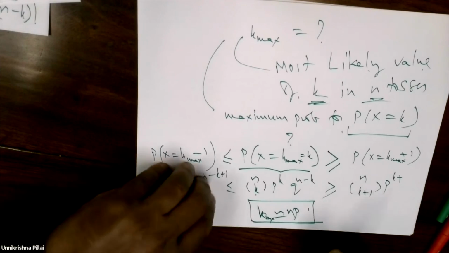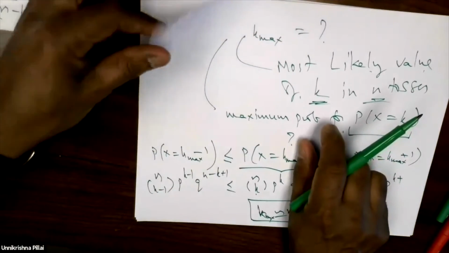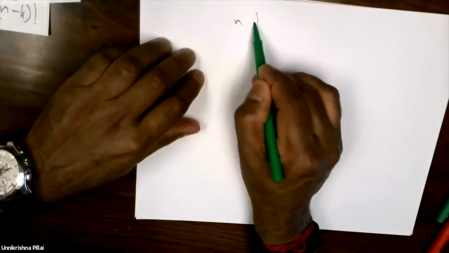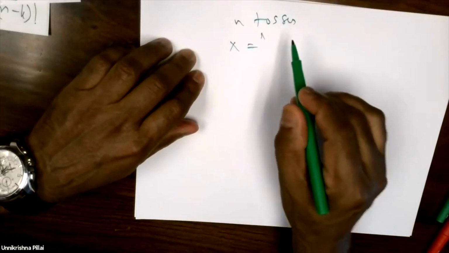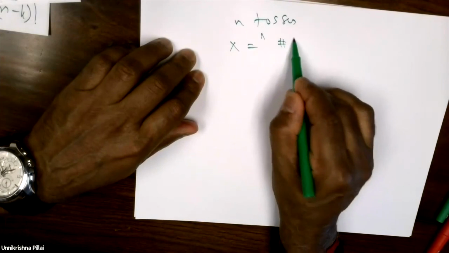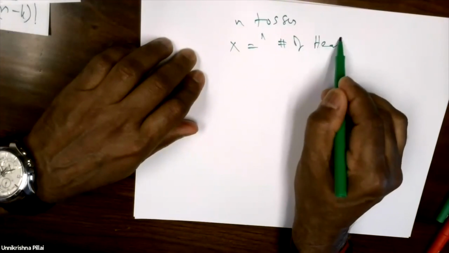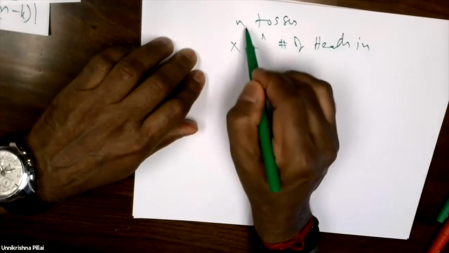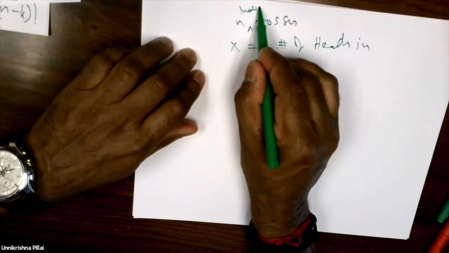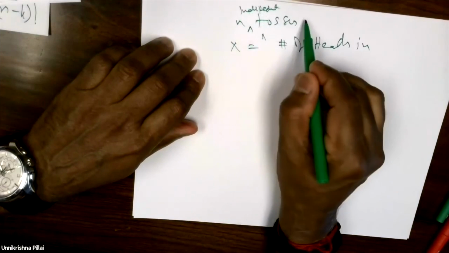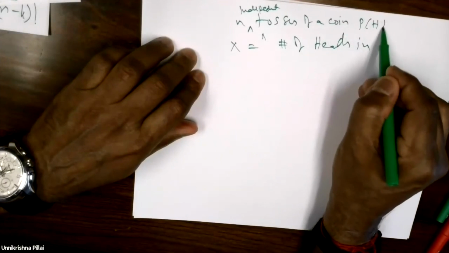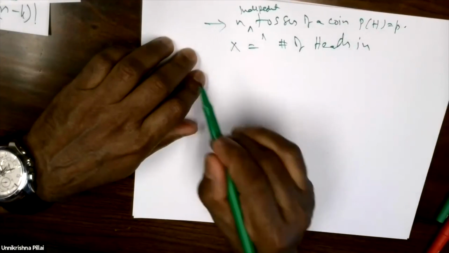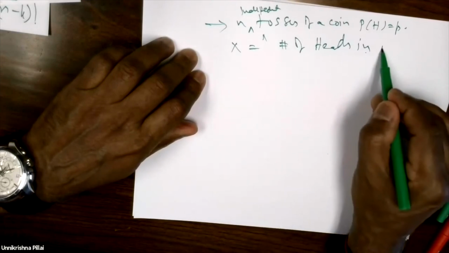So look at this here again. X is a random variable representing the number of heads in n independent tosses of a coin with the probability of head equal to small p. This is where we start.